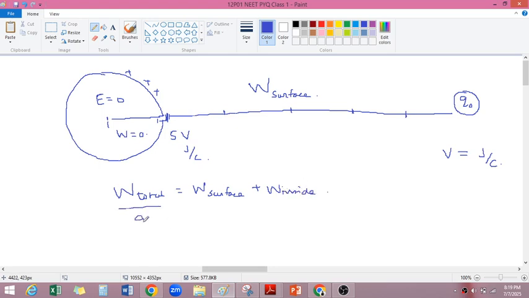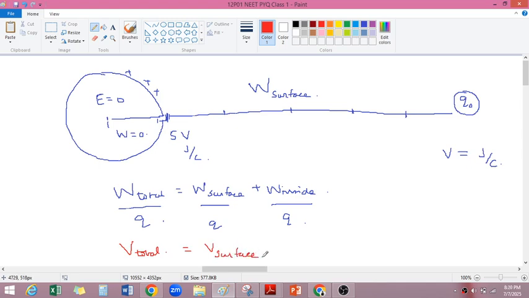Now if we divide by charge, what do we get? W inside is 0. So this is V total or V inside. So V total is nothing but V surface.